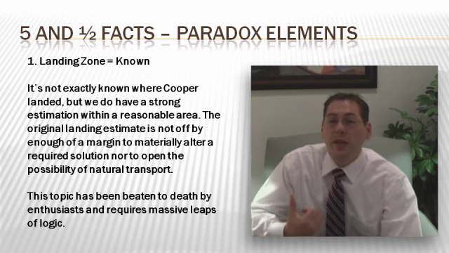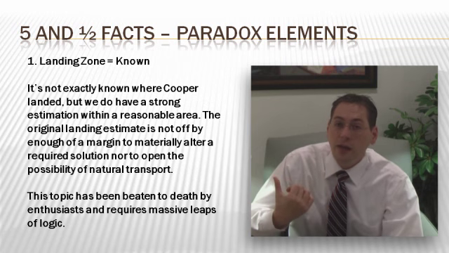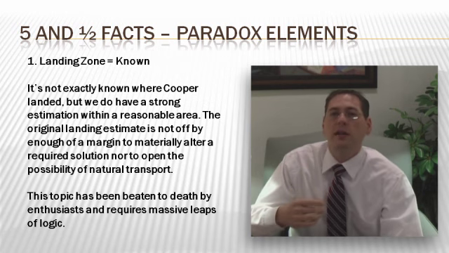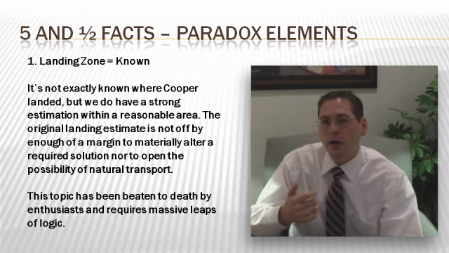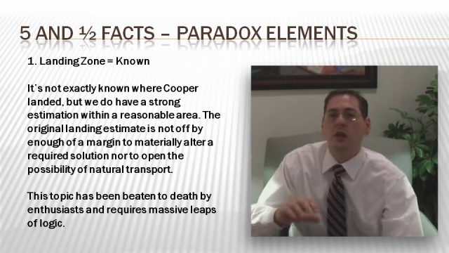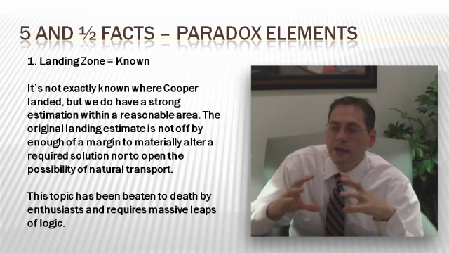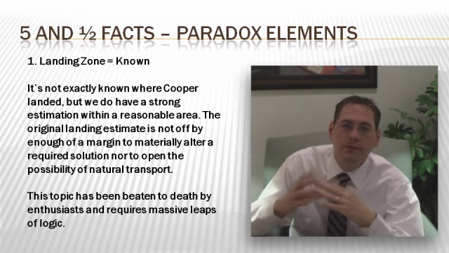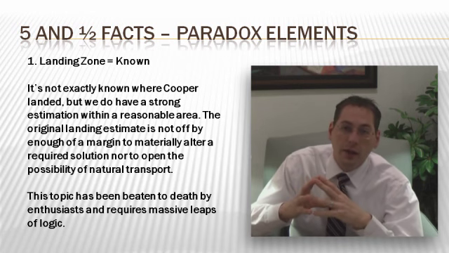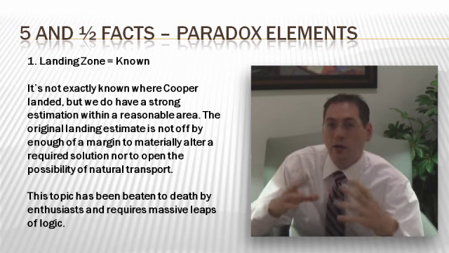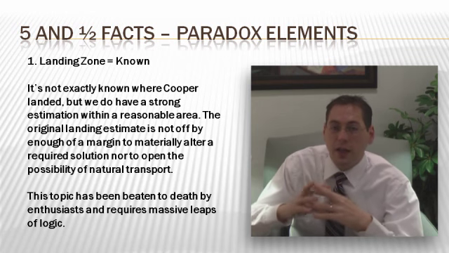So the first element is the landing zone. And I say it's known, and I use that term loosely. It's known to a degree. It's not known precisely where he landed, but it's known within a general geographic area and within a reasonable amount, within a couple miles. It's not off by 25 miles, 30 miles, like some people have postulated.